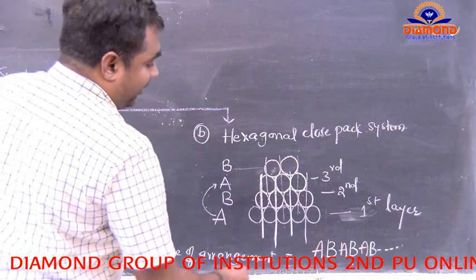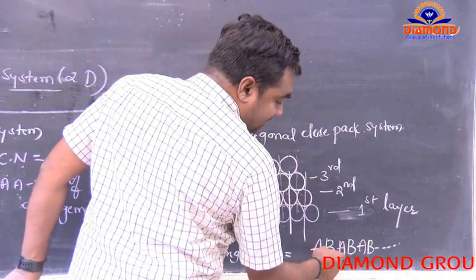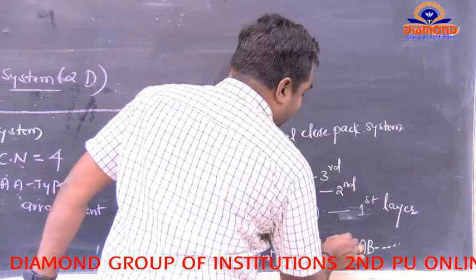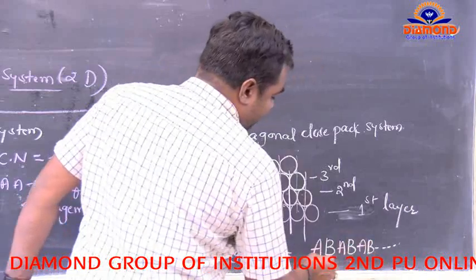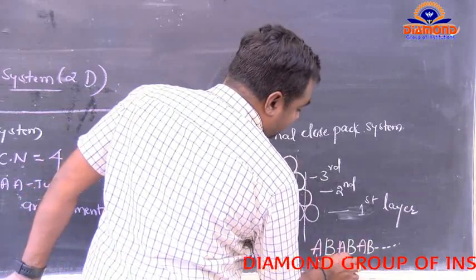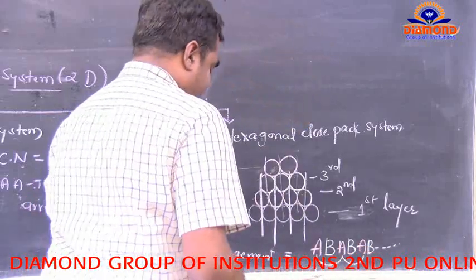So here the first layer is similar to the third layer, and the third is similar to the fifth layer. So here 1, 2, 3, 4, 5, 6. So 1 is similar to the third one, third is similar to the fifth one.